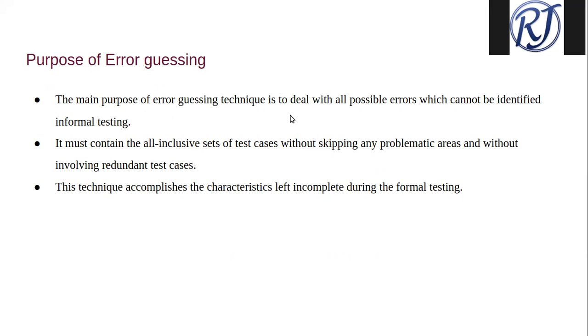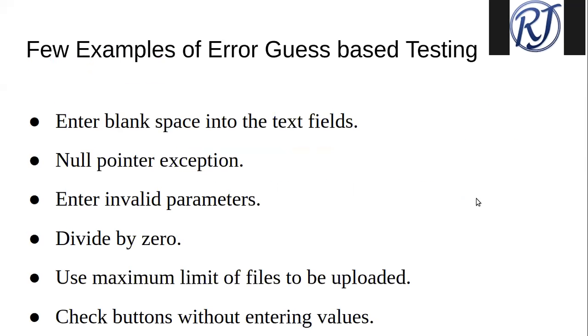The main purpose of the error guessing technique is to deal with all possible errors which cannot be identified by informal testing. It must contain all the including sets of test cases without skipping any problematic area. This technique accomplishes the characteristics left incomplete during formal testing.